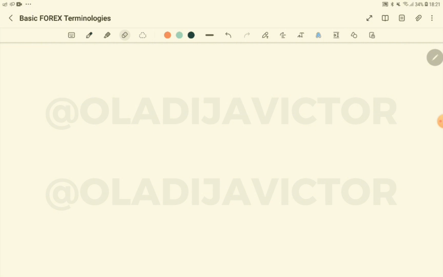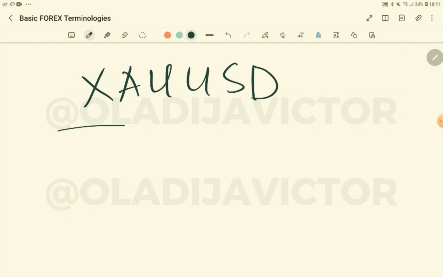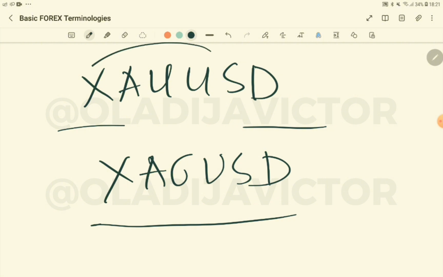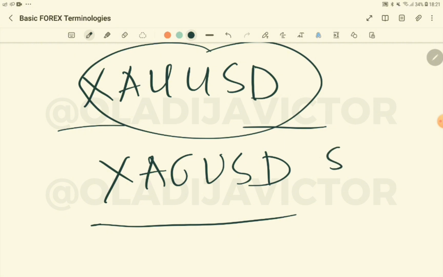Volatility is the measure of speed and magnitude of price movements. Things like gold. Gold is very volatile. For those that don't know, this is the name of gold. This is silver. In the Forex market, in case you see this, this is gold. Gold is very volatile. If you enter a gold trade, it can turn $100 to $200 in the same day.